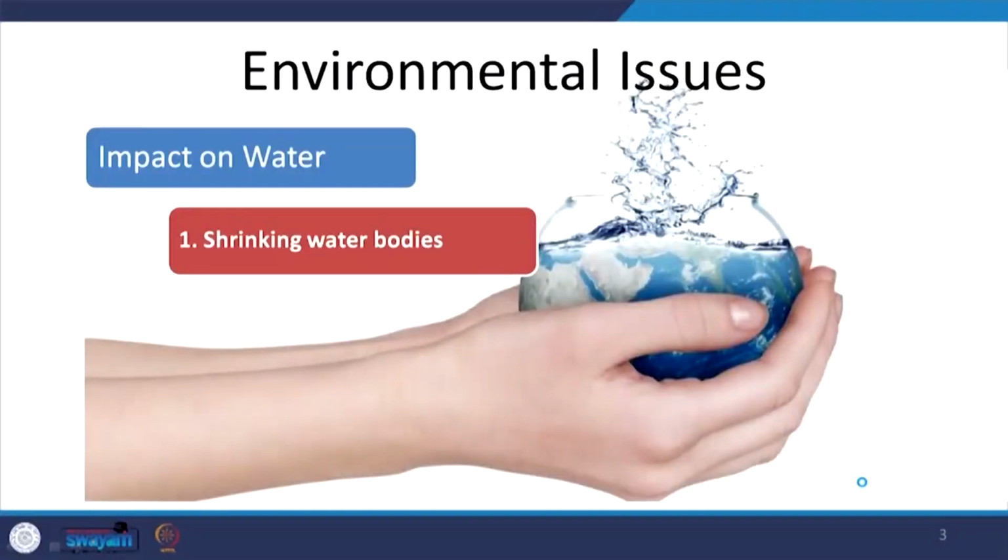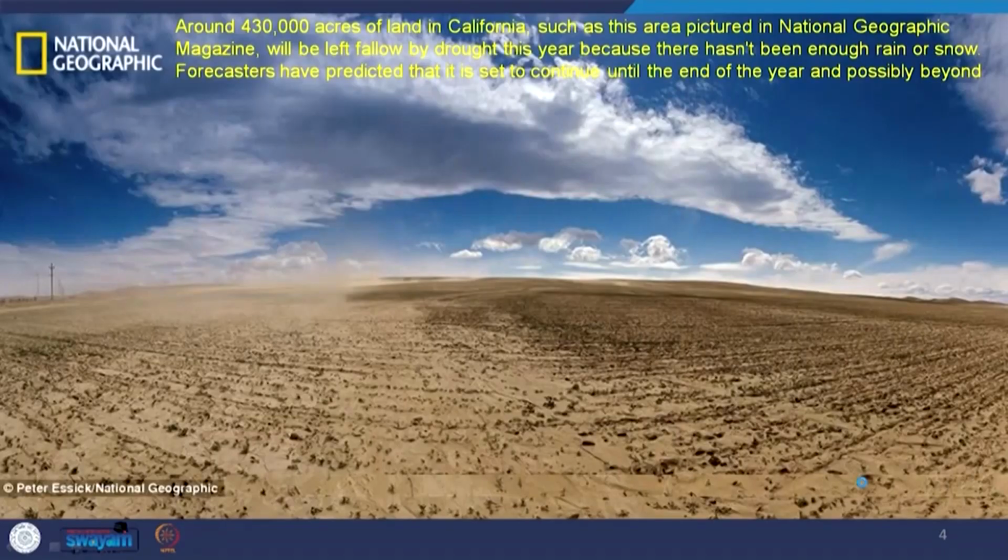One of the major impacts on water as an element is the shrinking of water bodies across the world. There are several areas like this one in California which have been converted to barren lands or deserts every subsequent year because of lack of rain, lack of precipitation.